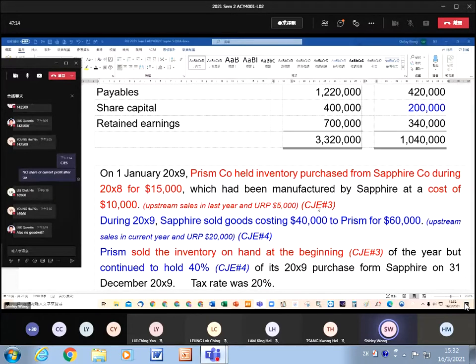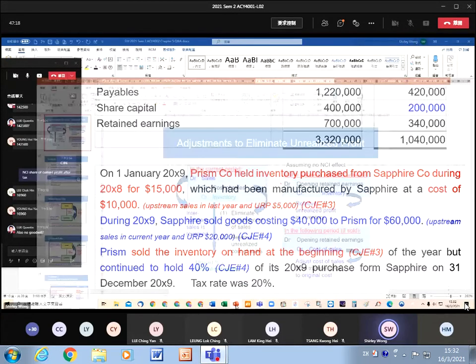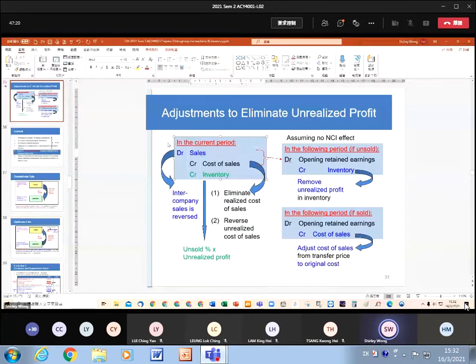I will write it down as CJE number 3. So in 2008, that means last year, the company will go through this entry for consolidation adjustment. They will debit sales, credit cost of sales, credit inventory. But now it is 2009, it is next year, right? Next year, you need to determine whether it has been sold to a third party or is still not yet sold.